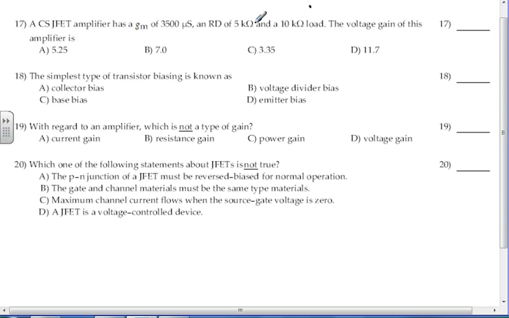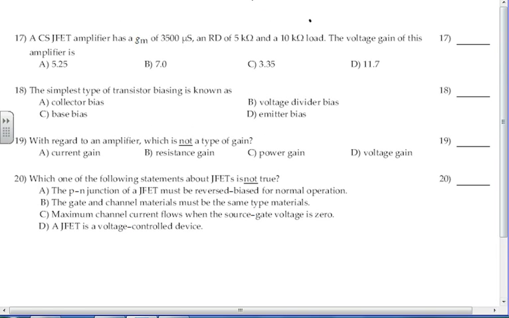So, now luckily I just did these problems. Voltage gain is RD times 1 over GM, right?